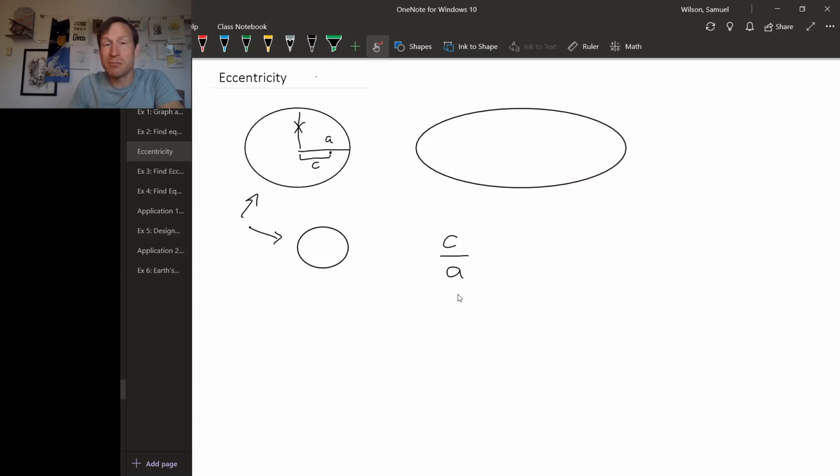And this gives you a number that is somehow characteristic of the shape of the ellipse. This is called the eccentricity of the ellipse. So ellipses with different eccentricity look genuinely different.